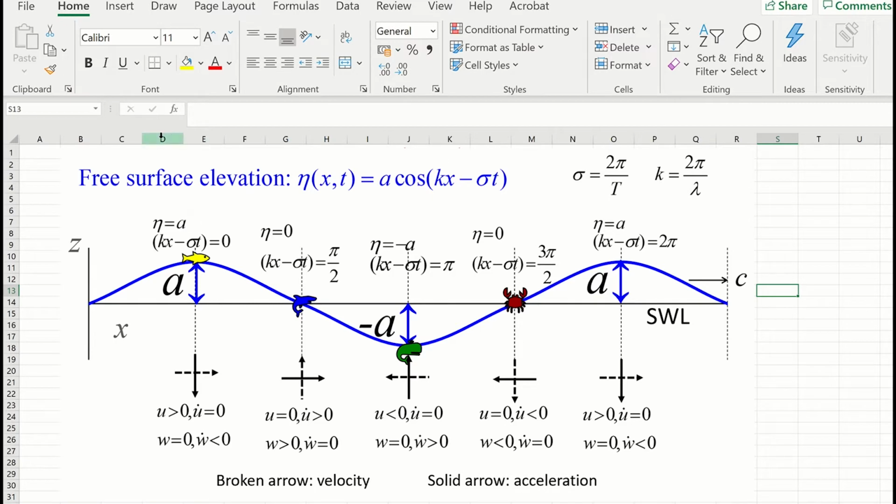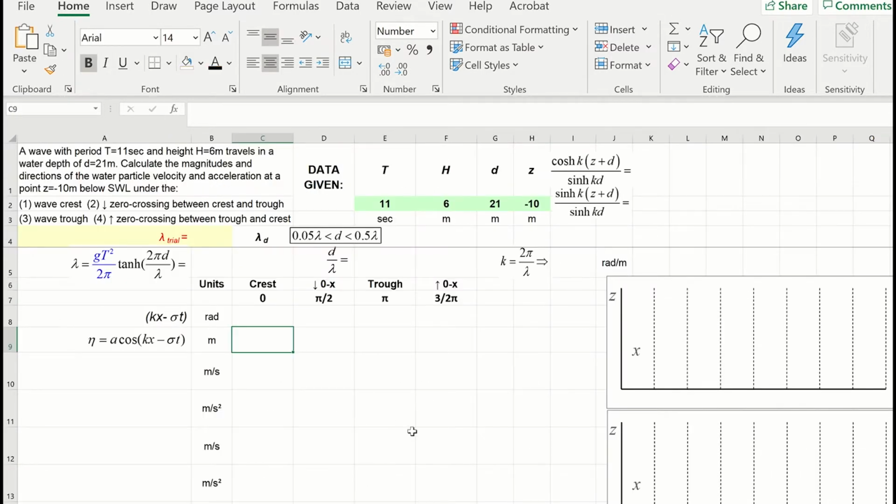Okay, let's start to do calculations. To speed up calculations, I have already prepared a table with all the relevant headings, and I also prepared some graphs. As soon as I do calculations, my graphs will show the calculated values.